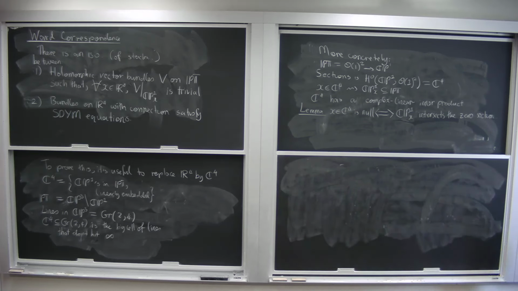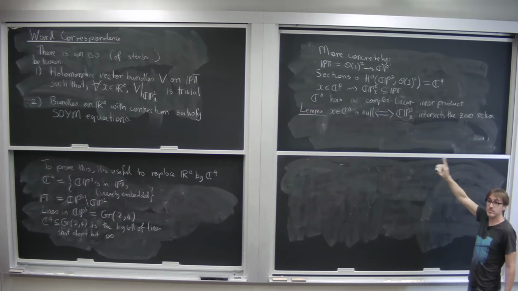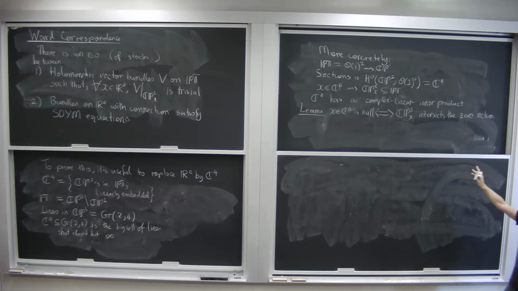It depends how much structure I've put on twistor space. If you take twistor space just as a complex manifold, then that inner product is defined up to scale, because to define it up to scale is to give me a quadric.